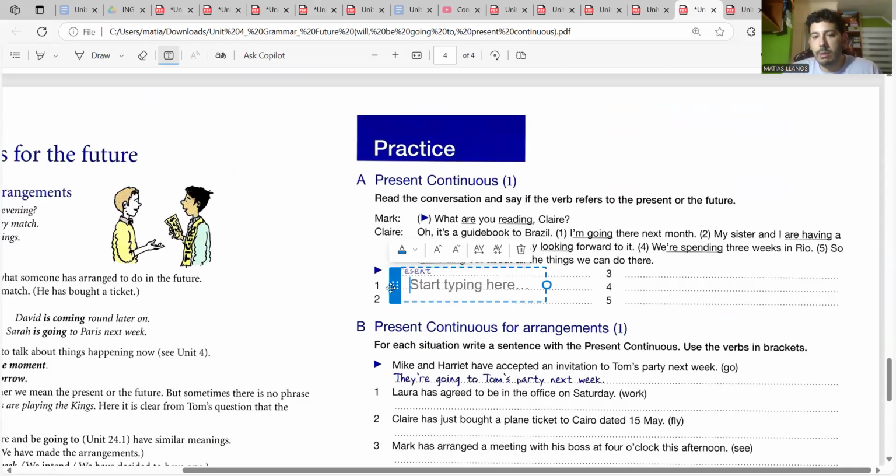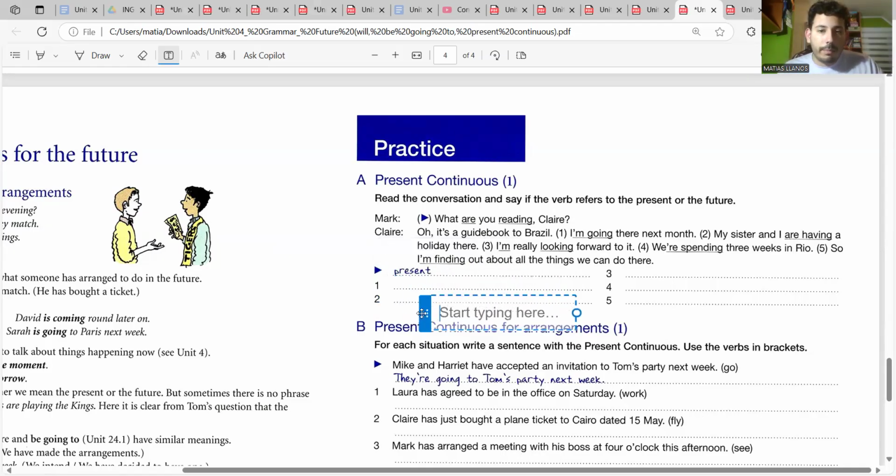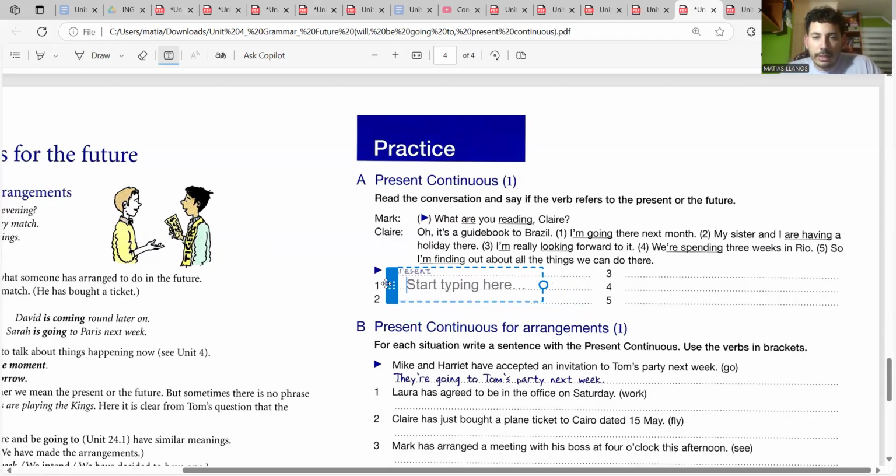As I said, and remember, present continuous, we can use it for present or future because it's in a time frame. So, for example, the first one, it says, oh, it's a guidebook to Brazil. I'm going there next month.